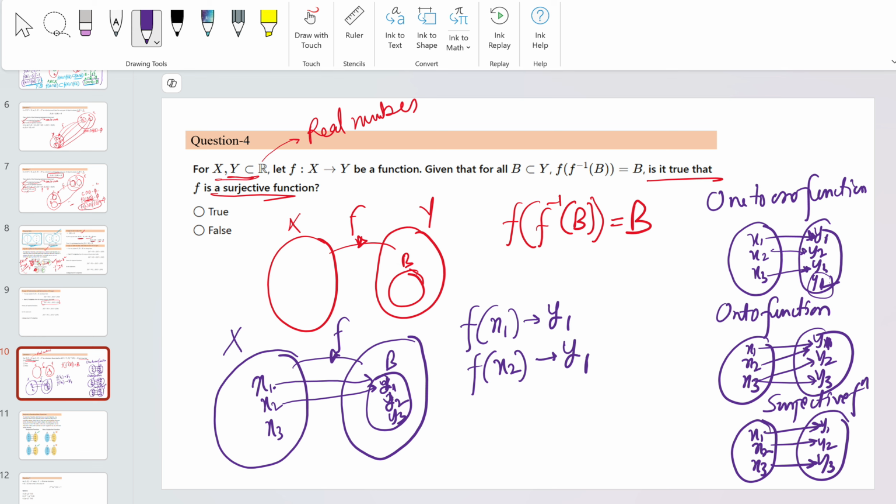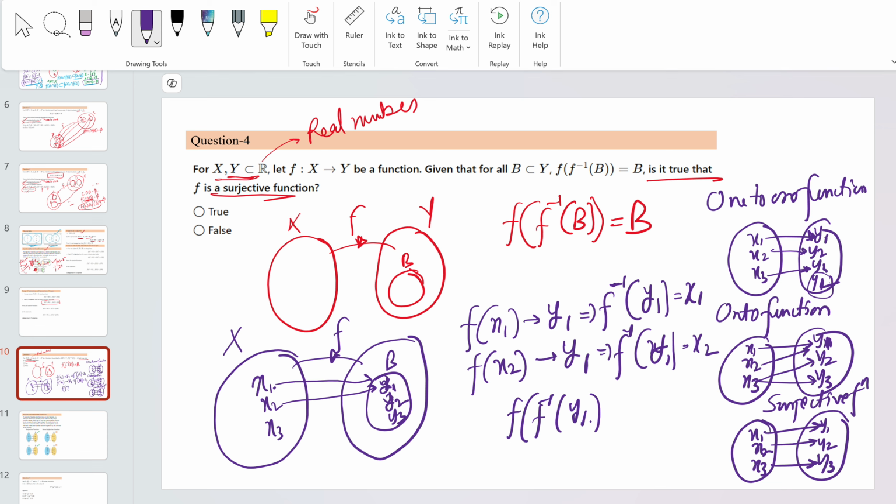So f inverse of y1 is equal to x1, and here also f inverse of y1 is equal to x2. But when you say f of f inverse of y1, it will be equal to f of x1.